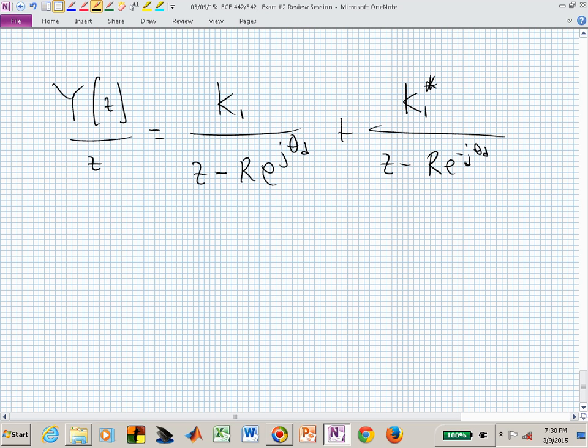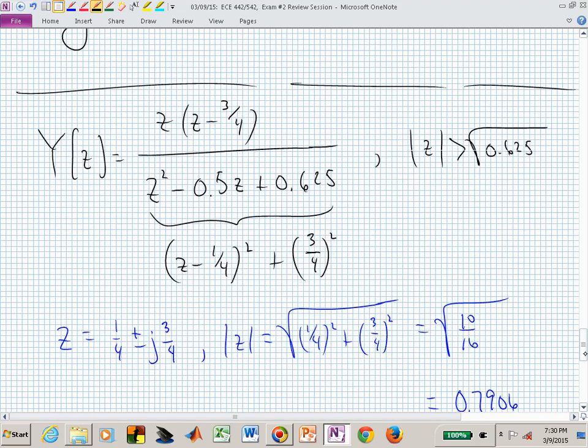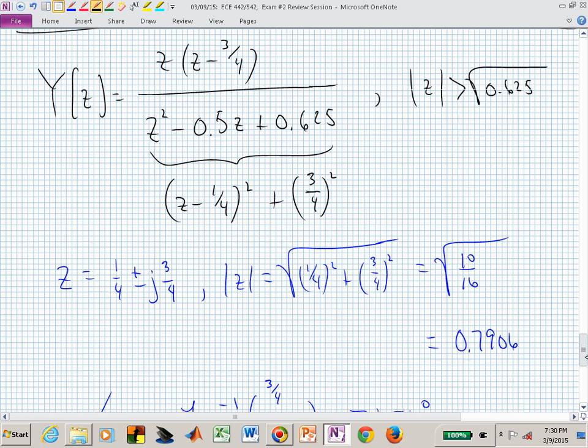Where this left-hand side, y of z over z, is z minus 3/4 over the product of those two complex pole factors. Yes?